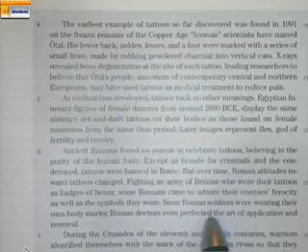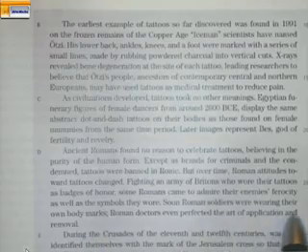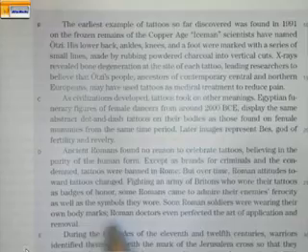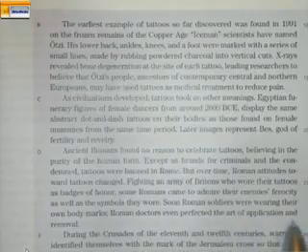Soon, Roman soldiers were wearing their own body marks. Roman doctors even perfected the art of application and removal.